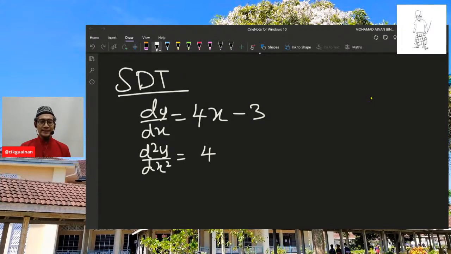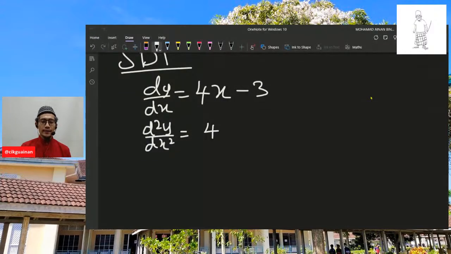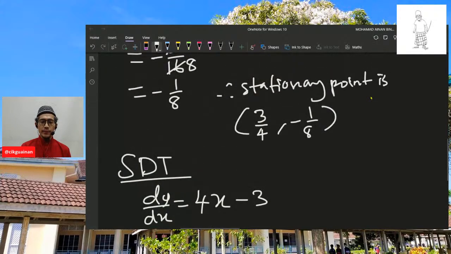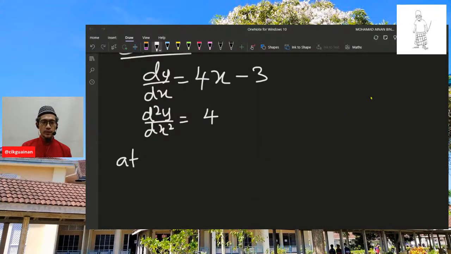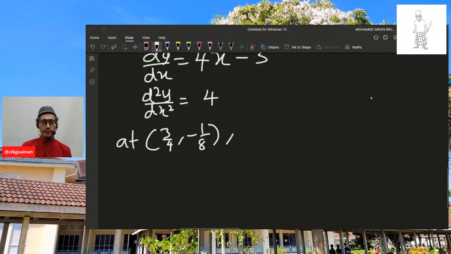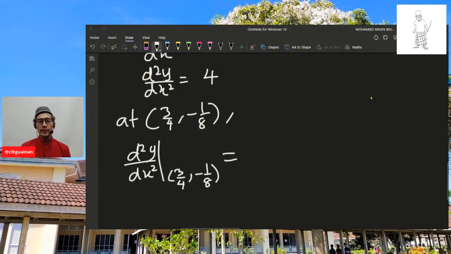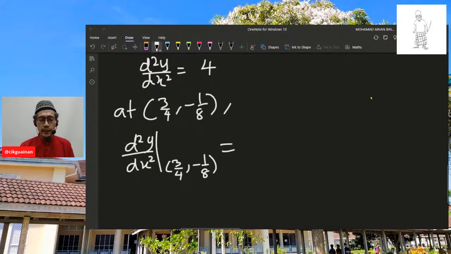We have the second derivative already. What's next? We substitute the stationary point. Where is the stationary point? Over here: 3 over 4, minus 1 over 8, into the second derivative. If you want to write it fancier, you can write a line like this, but it's not compulsory.